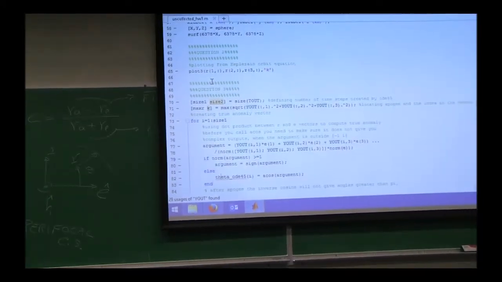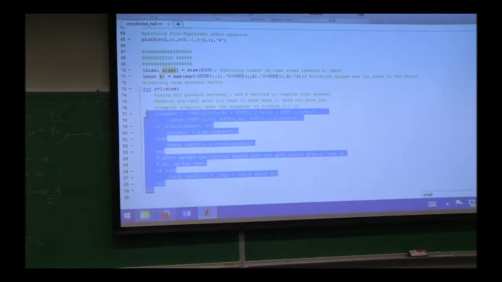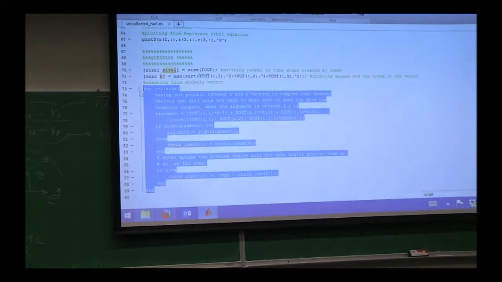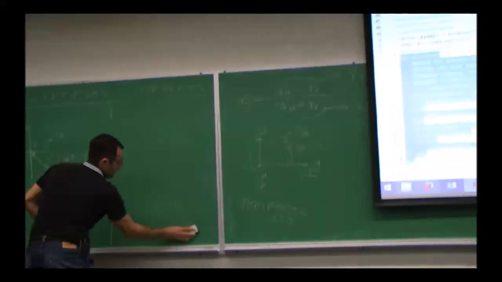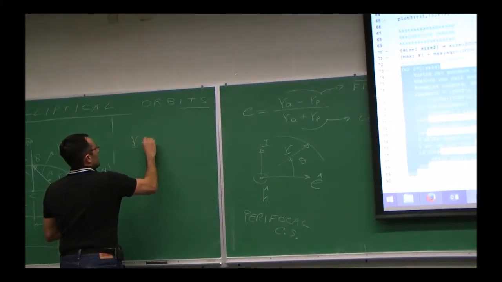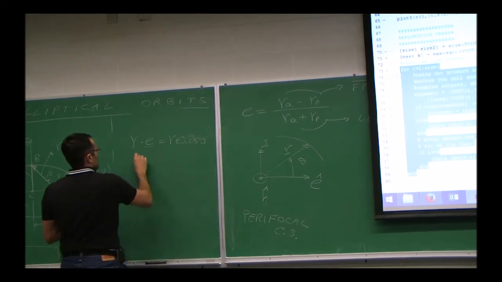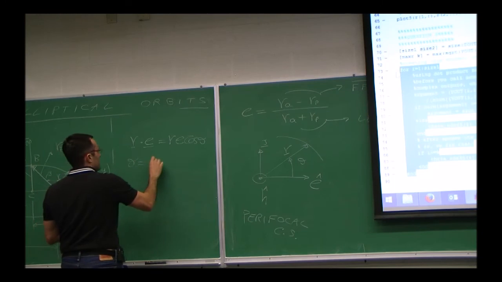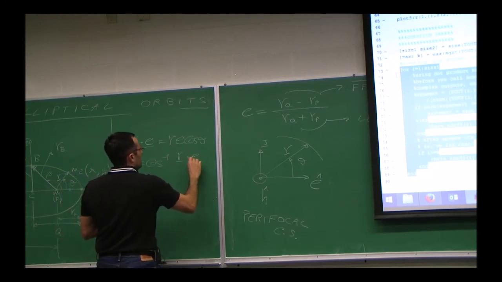Well, this is my ugly way of doing it. So if you have the vector r and E, well, you know that r dotted with E is norm of r, norm of E, cosine of theta. So in principle, you can compute theta as cosine inverse of r dotted with E over the norm, right?